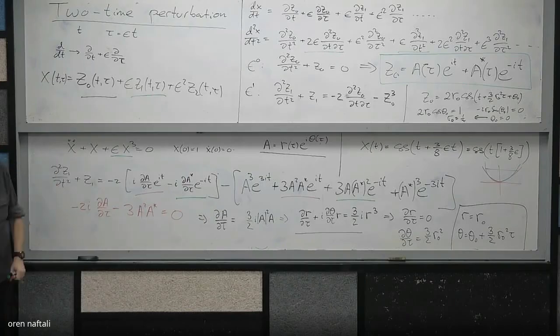Okay, so now that we are all experts on two-time perturbation theory, let's do more. Can we make any intuition for when the cubic term comes with a minus sign?